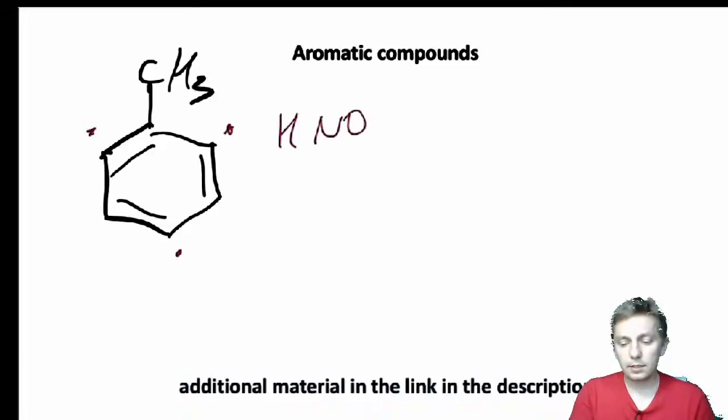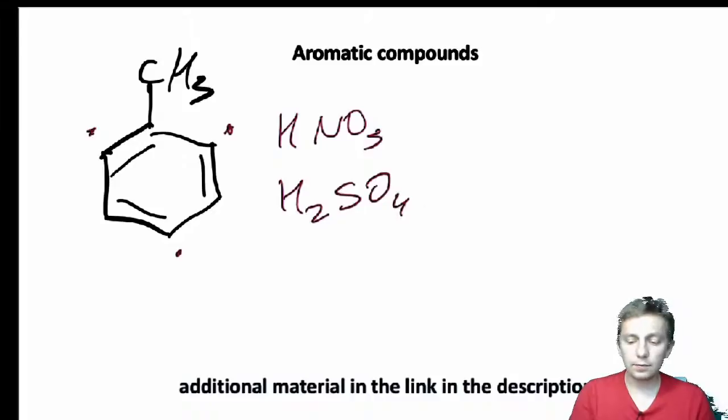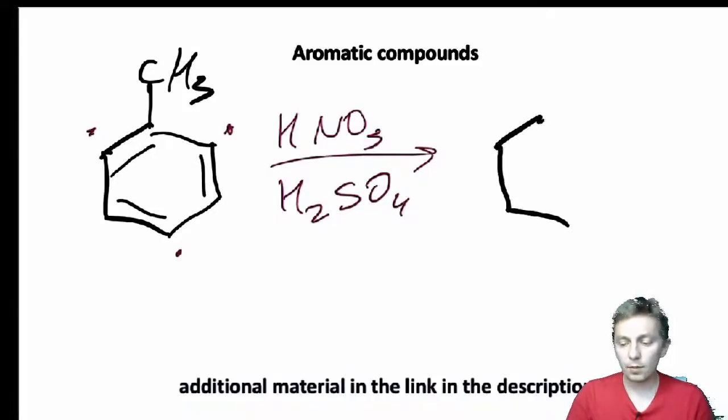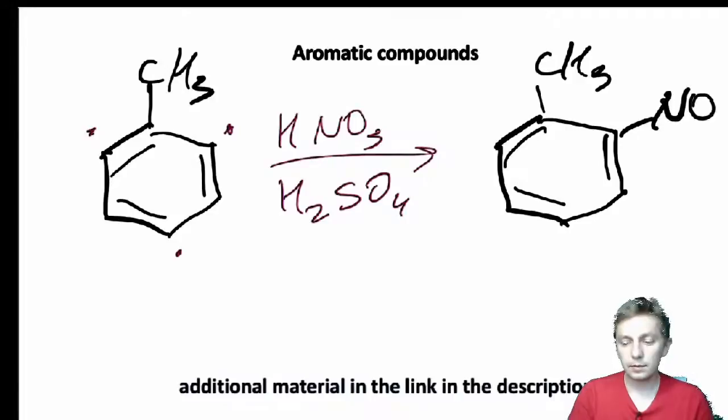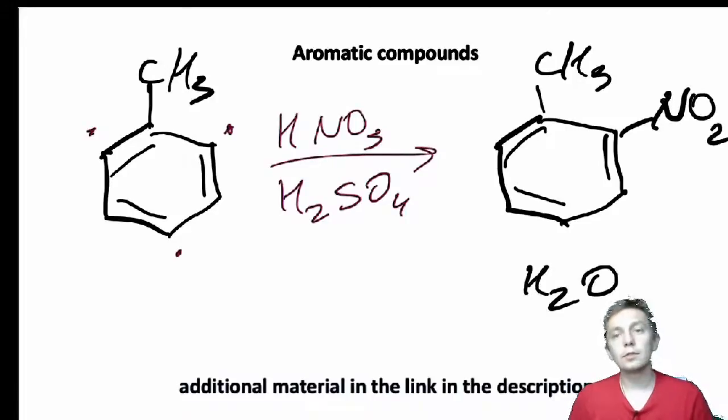In the presence of nitric acid and sulfuric acid, these compounds can form products that can be 2-nitrotoluene, 4-nitrotoluene.